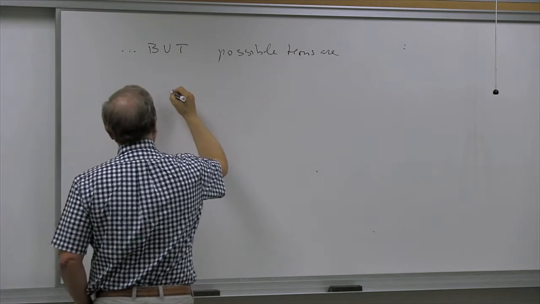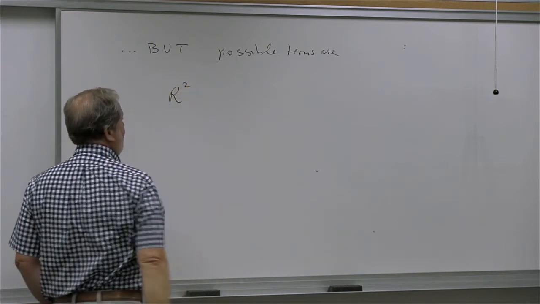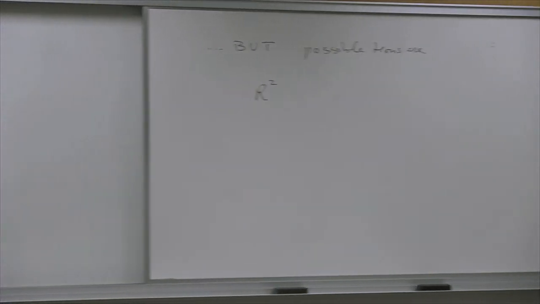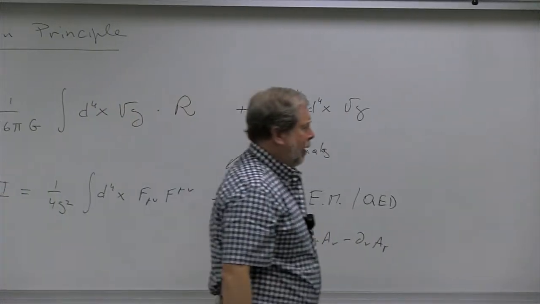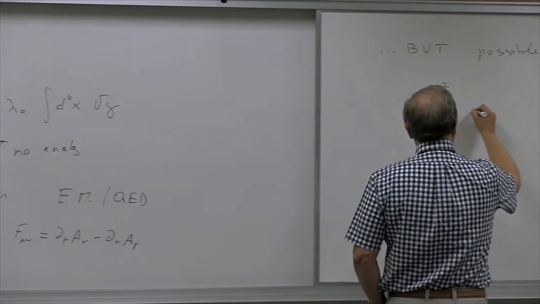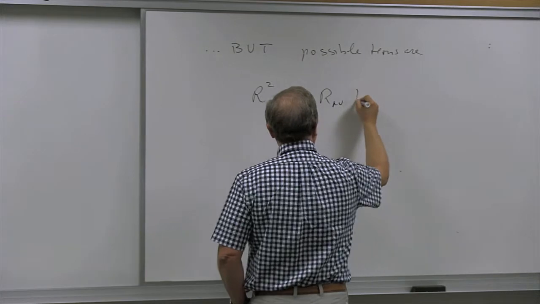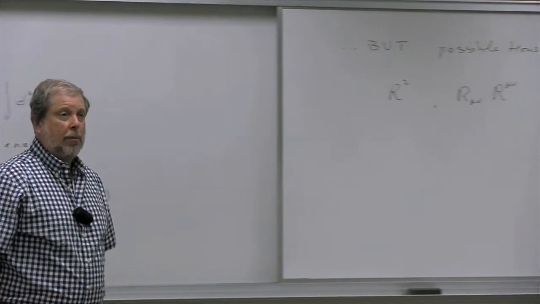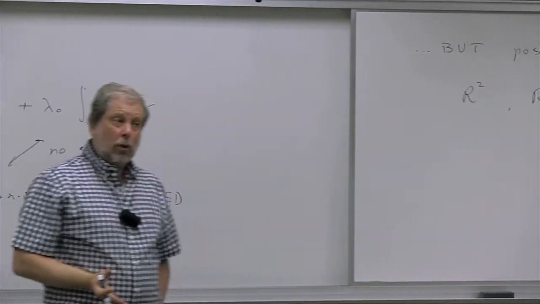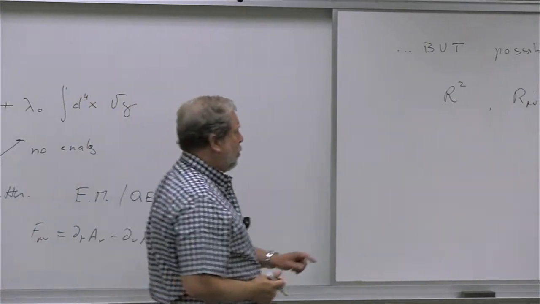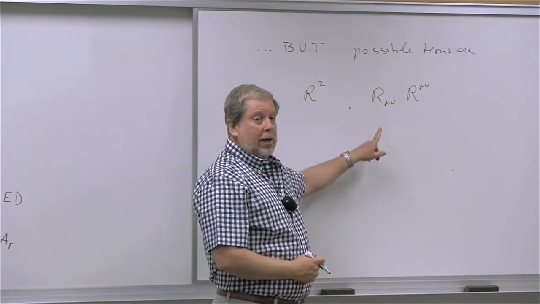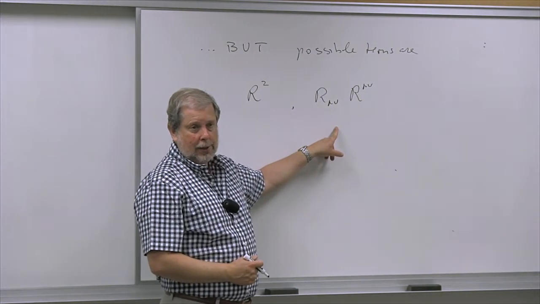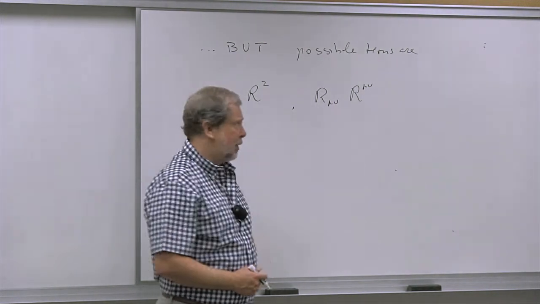The possible terms that you can have is that, in fact, you can take the square of R, and you can have R squared. You can also take R mu nu, and you can square that, and you get R mu nu times R mu nu, right? And these are all coordinate invariants because you construct a scalar, or in this case, you have a two-index tensor, which you contract with itself, which is a scalar.